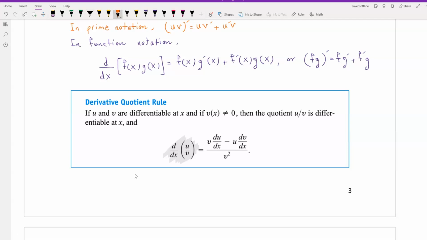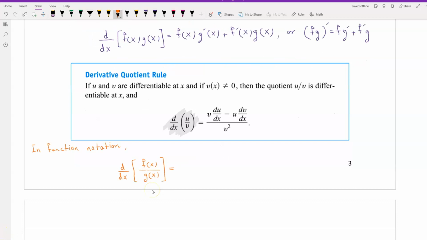We can write this one in a function notation. So derivative of f of x divided by g of x with respect to x is equal to g of x times derivative of f of x, so here we have f prime, minus f of x times derivative of g of x, so here is g prime, divided by what we have in denominator, and square this one, so it's g squared.